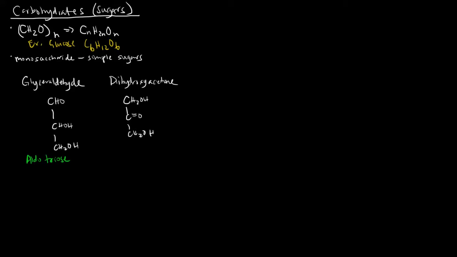Now this is also a triose because it has 3 carbons, but it's a ketotriose. The reason it's a keto is because this carbon here is a ketone. These hydroxy groups are out here. This is not an aldehyde. This is a ketone because there are carbons on either side of the carbon that's double bonded to the oxygen. So this is a ketotriose.